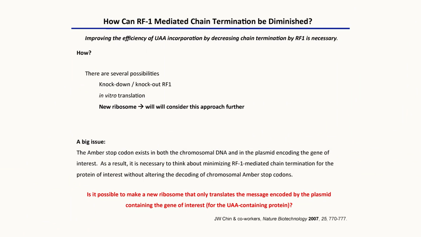And the possibility we're going to discuss in closing is a new ribosome, which I think is pretty cool. Is it possible to have an orthogonal ribosome to get around this problem? Effectively, can we make a new ribosome that only translates the message encoded in a plasmid that has the gene of interest where you want the unnatural amino acid to go?